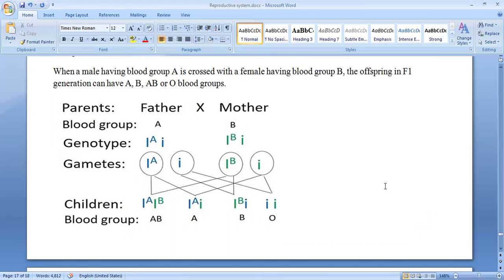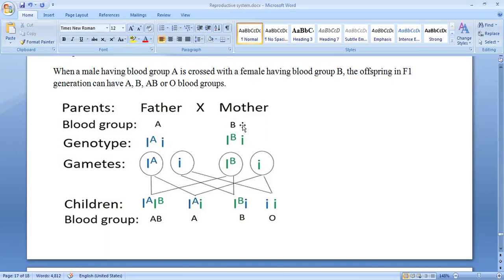So here we have the condition where the male has blood group A and the female has blood group B. What can be the possible blood groups of the children of the first generation? If the father is blood group A, let us consider that he has IA as the dominant one and IO. IO is also denoted as a small i.